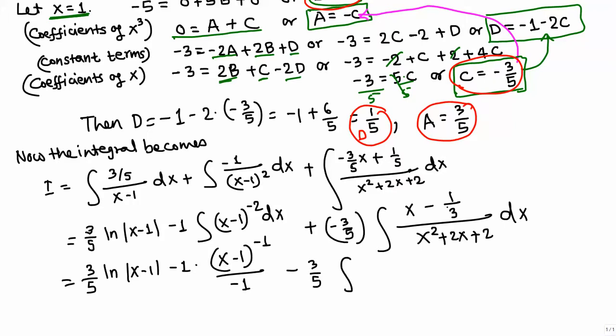Okay, we have x minus 1/3 over x squared plus 2x plus 2. So we need to do a little bit of work here, and on the bottom we have x squared plus 2x plus 2. As I can see, the derivative of bottom is 2x plus 2, and we have x, but we can always multiply by 2, so we can make 2x plus 2 on the top.